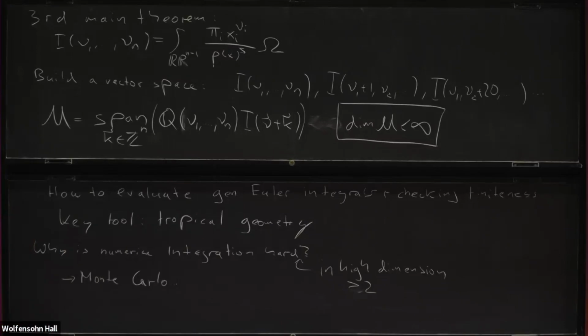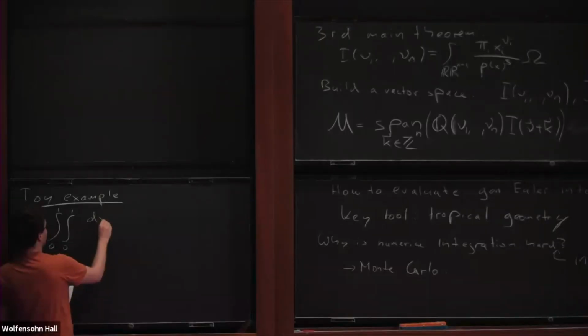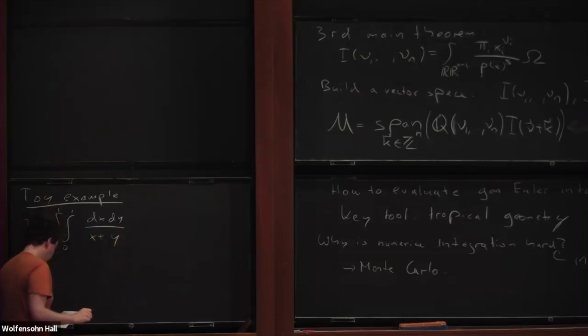So here's a toy example that I very much like. Actually, not a projective integral, just an affine integral. So let's say this is I, going from 0 to 1, and we want to integrate this little function 1 over x plus y from 0 to 1.